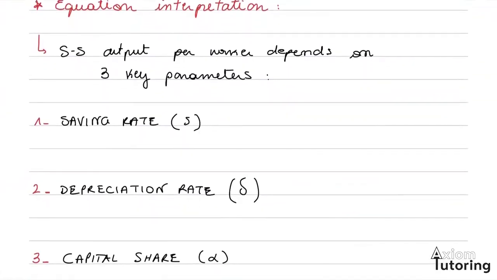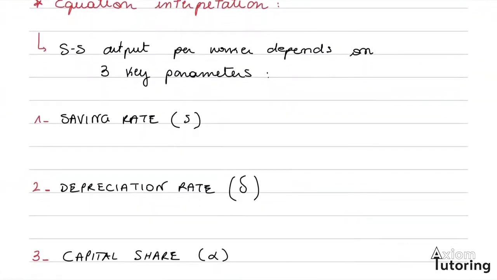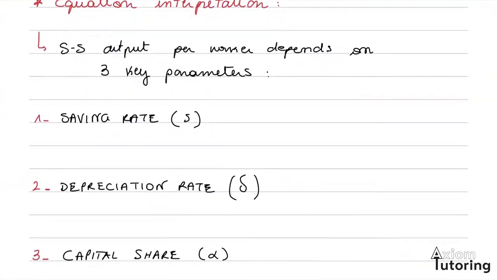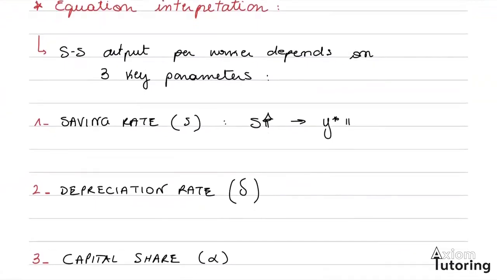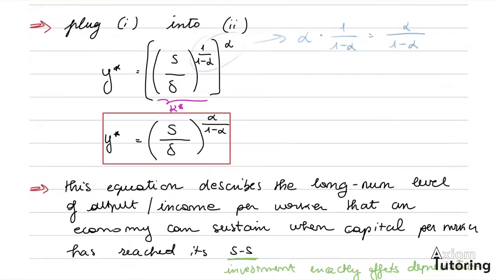So we've seen that the steady state output per worker depends on three key parameters. Firstly, the savings rate. And why does it depend on the saving rate? Well, because a higher savings rate is going to increase the steady state output per worker, as it's on the numerator here in our equation.